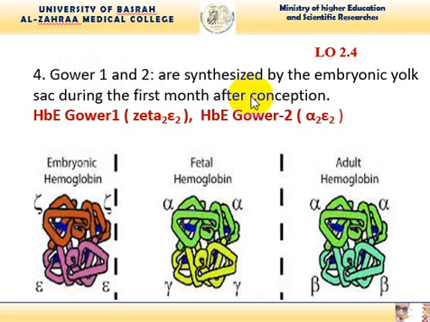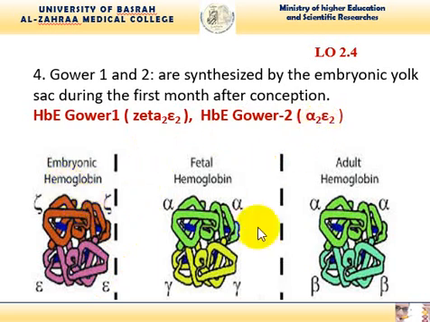These are synthesized by the embryonic yolk sac during the first month after conception. Hemoglobin Gower 1 consists of zeta 2 and epsilon 2, while hemoglobin Gower 2 consists of alpha 2 and epsilon 2.